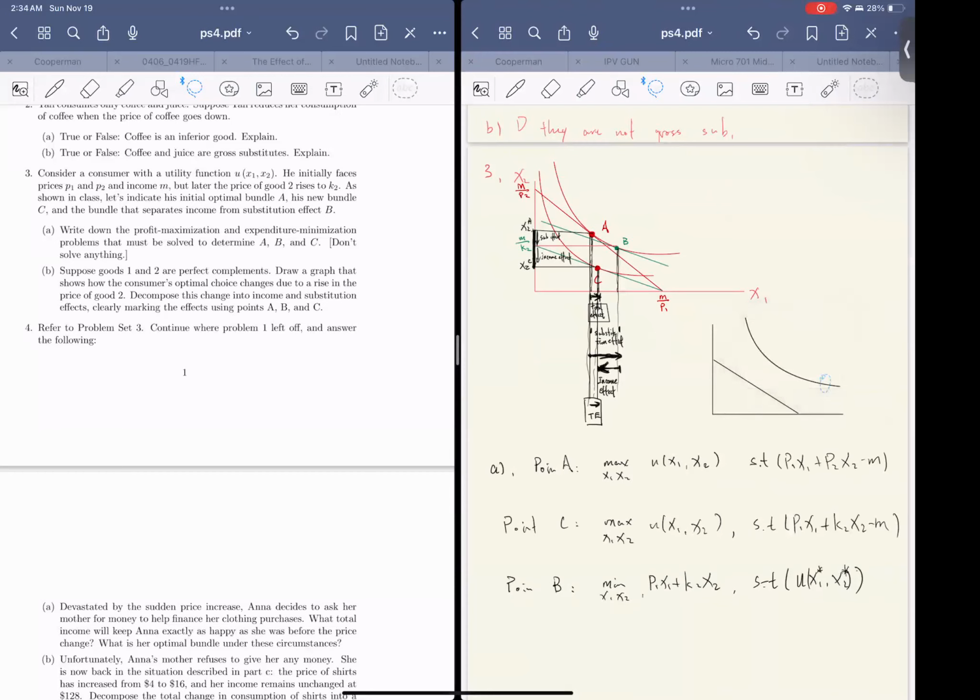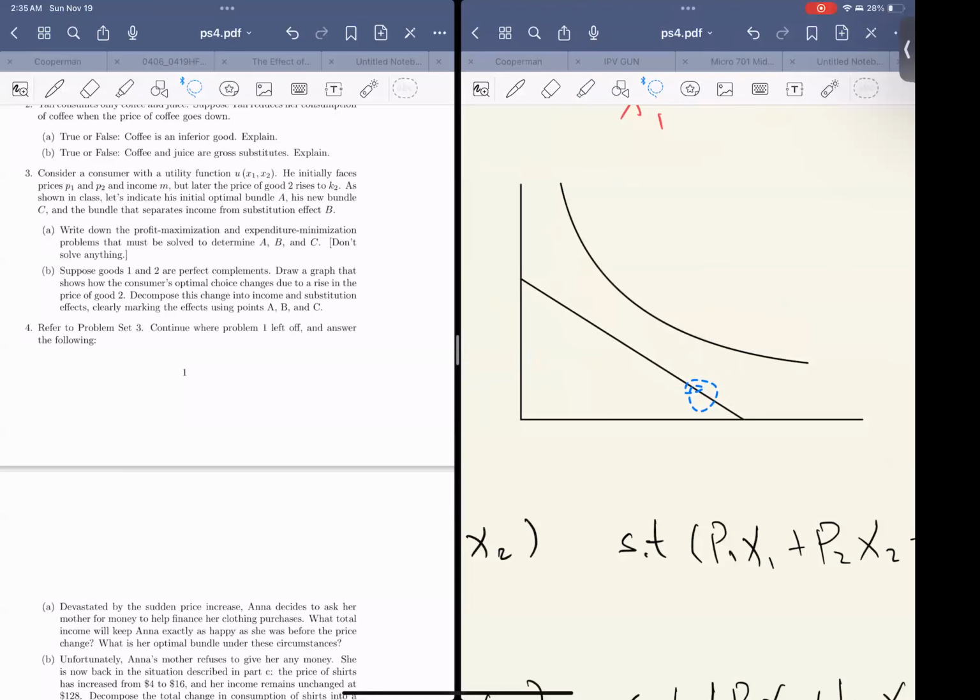But with minimizing, we're trying to grab the budget to touch the utility, because we're subject to a fixed utility. Before, we were subject to a fixed budget.